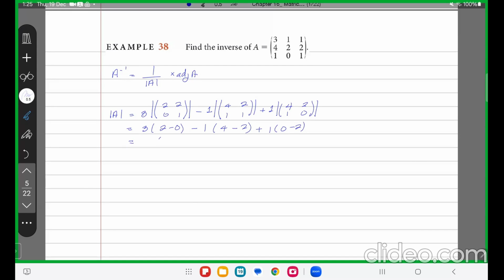This is 6 minus 2 minus 2. The determinant is 2.